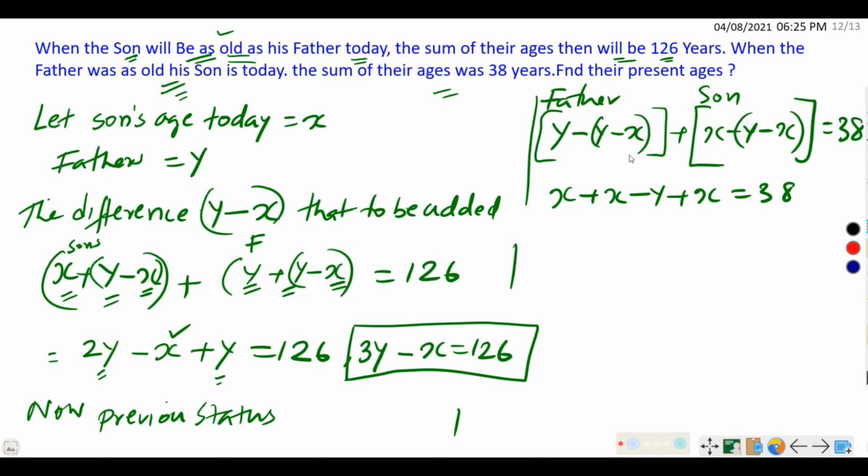And as far as y is concerned, that will get cancelled. So x plus y minus y plus x, it is correct. What I wrote is correct. Now we can rearrange again. 2x, 3x. Right. 3x minus y is equal to 38.